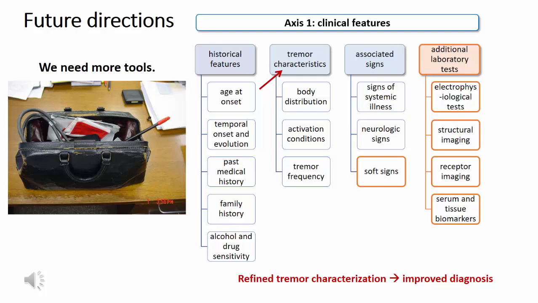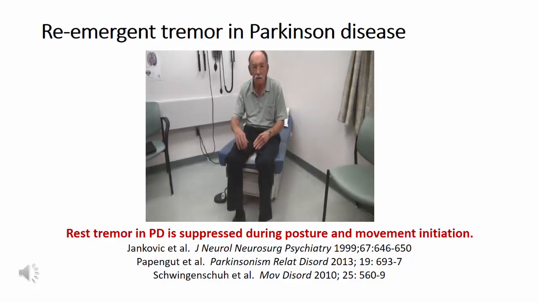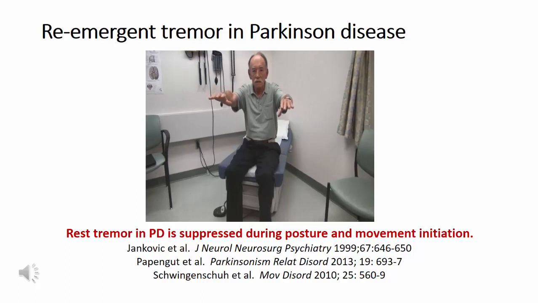The characteristics of rest tremor have unique features in Parkinson syndromes. Rest tremor in Parkinson disease is suppressed during posture and movement initiation. This is a very specific sign of nigrostriatal dopaminergic degeneration or pharmacologic blockade.